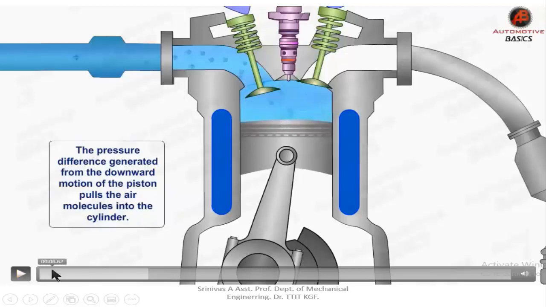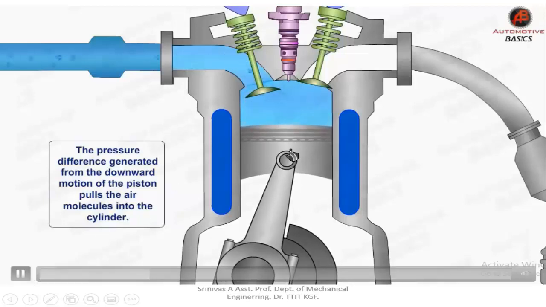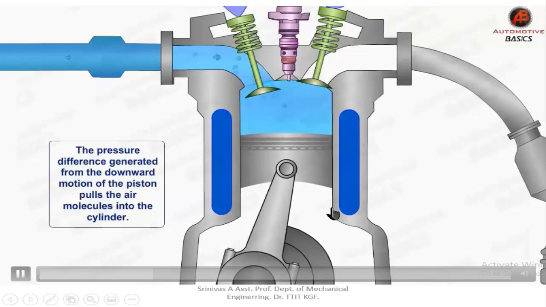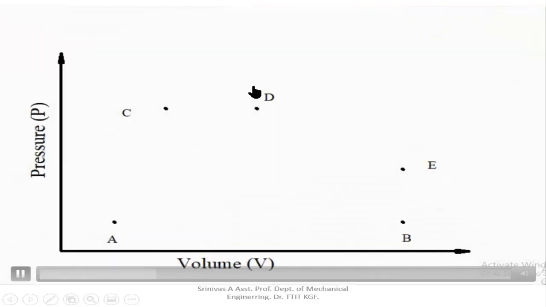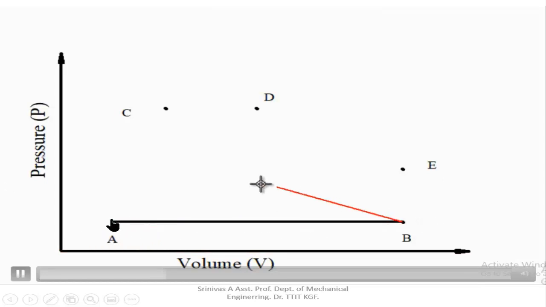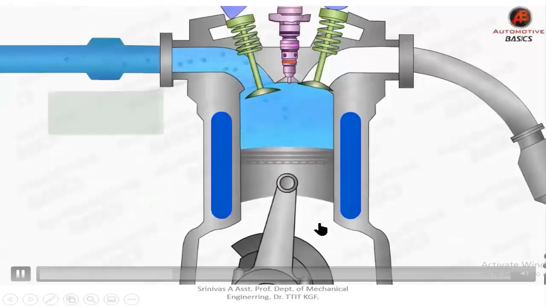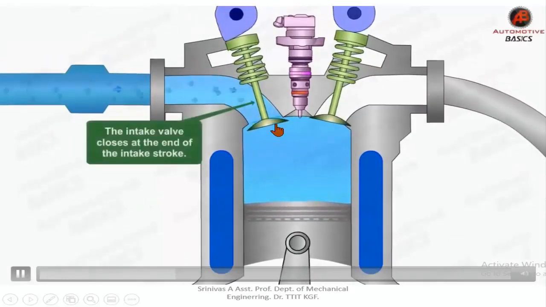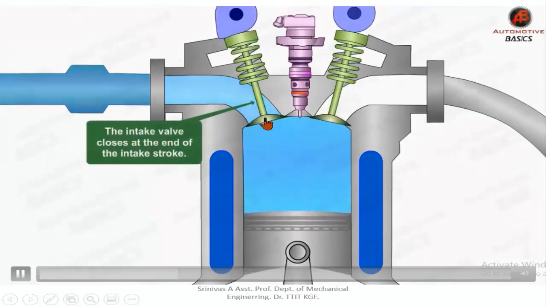At the completion of the process, the piston reaches BDC and all the fresh air has entered. In the PV diagram we represent this as AB, at atmospheric pressure with the volume increasing. Then the inlet valve is closed.